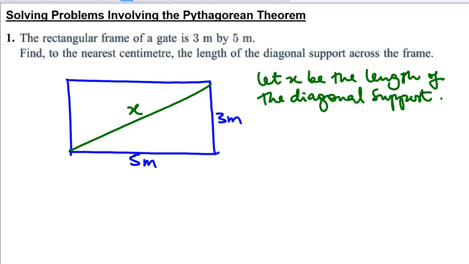So suppose this length is x, and of course this is a rectangle, which means that each of these angles is 90 degrees.